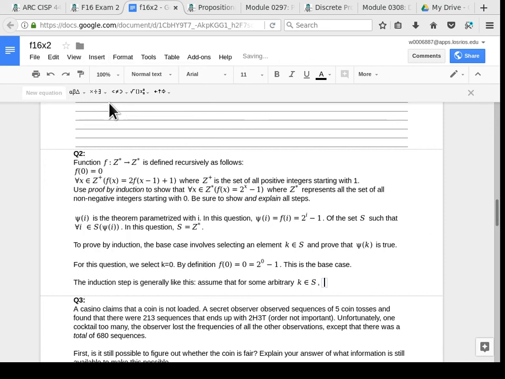It would be nice if I could start to enter equations without using the mouse, but Google Documents doesn't have that feature. So we say psi(k) is true. But this is an assumption.